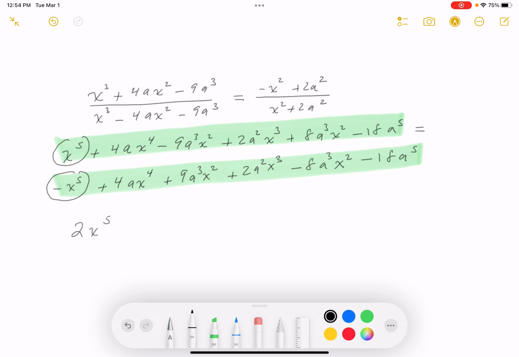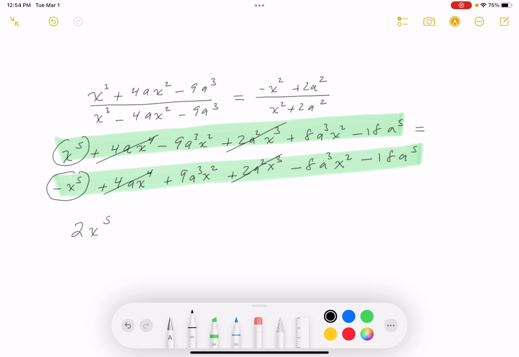All right? The next thing I want to do is subtract 4a x^4 from both sides. They would disappear. All right? The next thing I notice, and we'll talk about one step at a time, I'm going to subtract 2a squared x cubed from both sides. These things disappear. All right? And now I'm looking at it, and let's see.